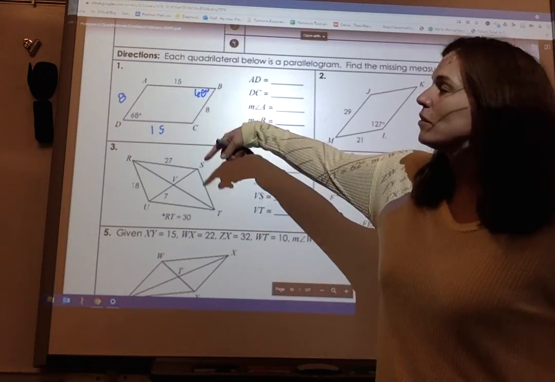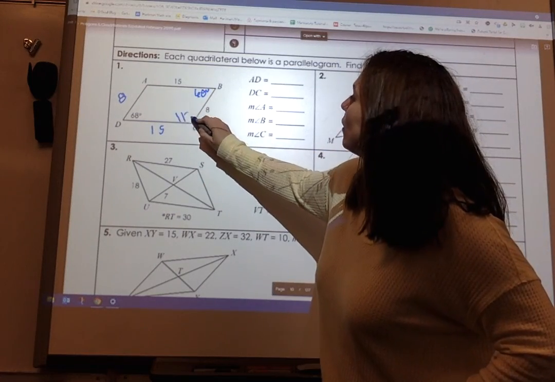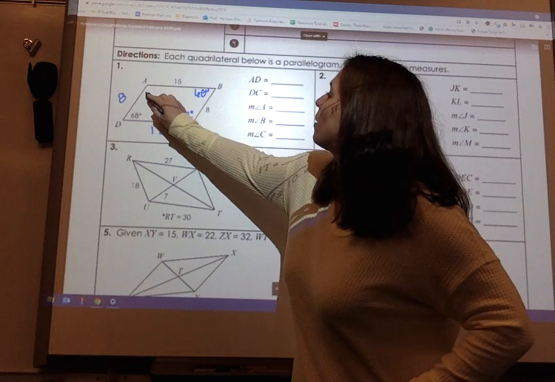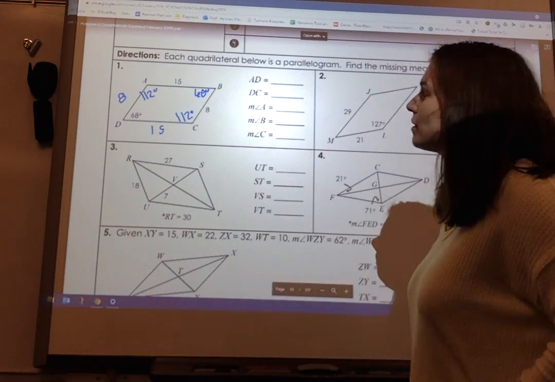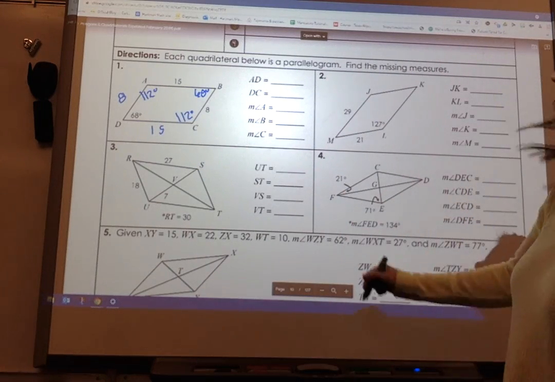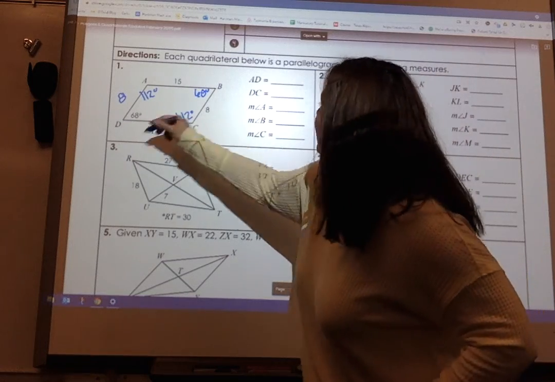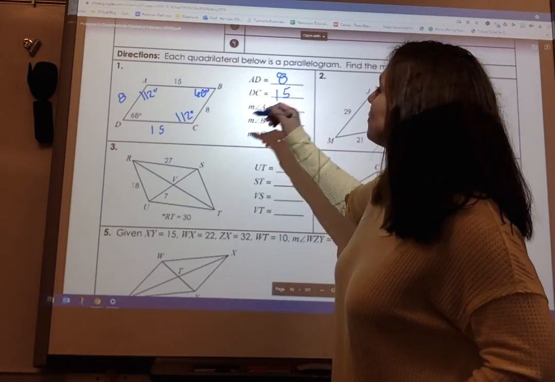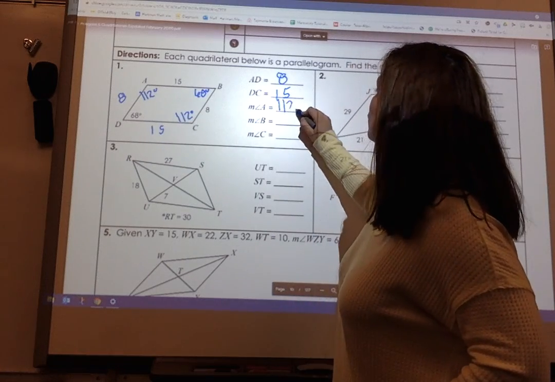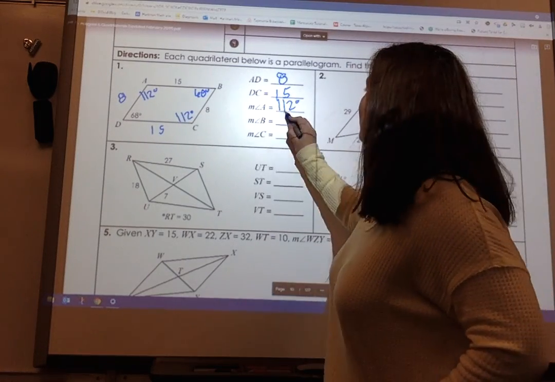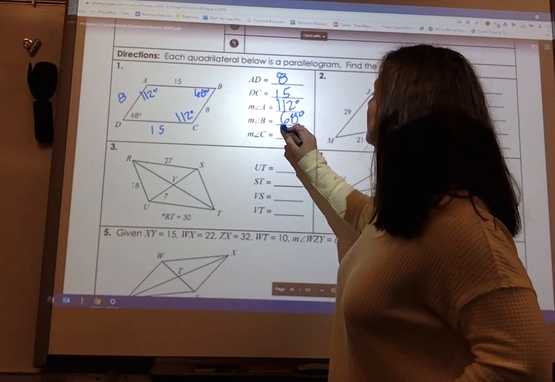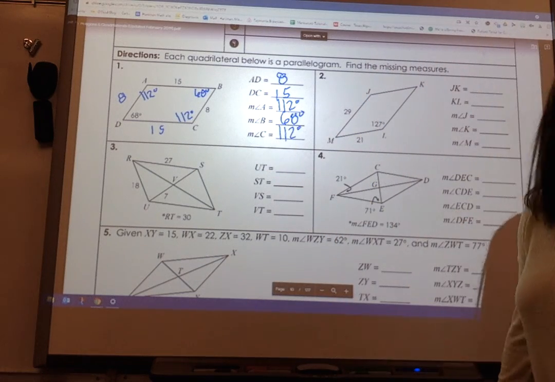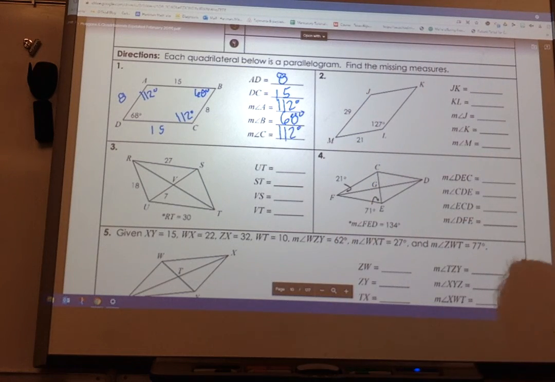And I know that these are supplementary, so this is going to be 112 degrees. Opposite angles are congruent, so that's 112 degrees. So let's go ahead and fill in the blanks here. AD is 8. DC is 15, angle A is 112 degrees, angle B is 68 degrees, and angle C is 112 degrees, okay? So that's how I'm getting the measurements there.